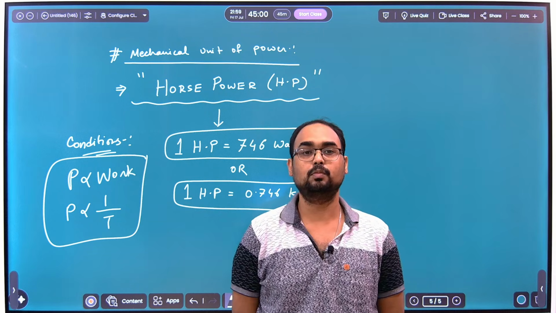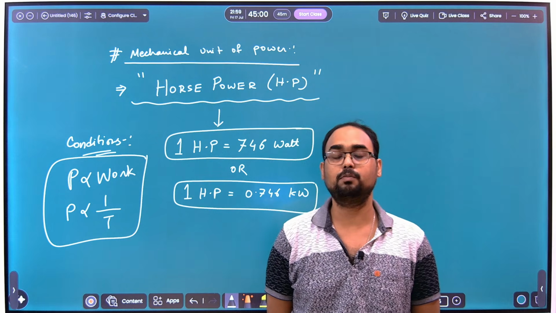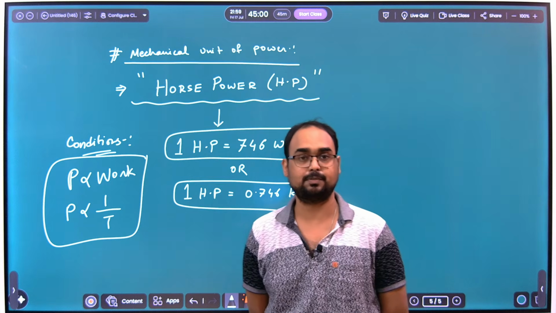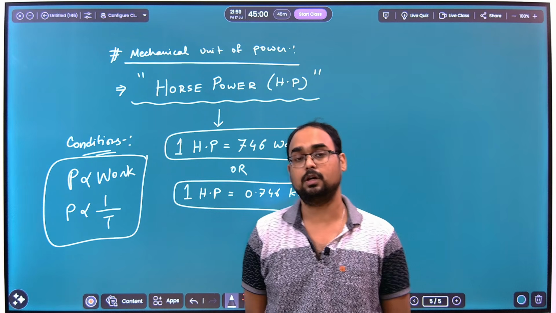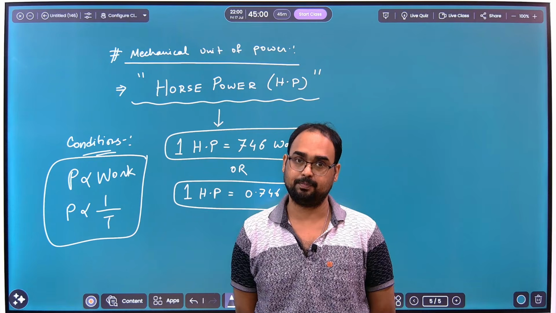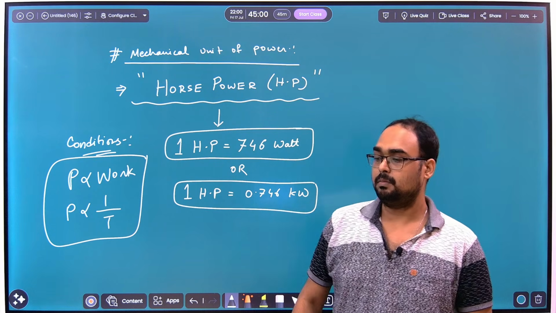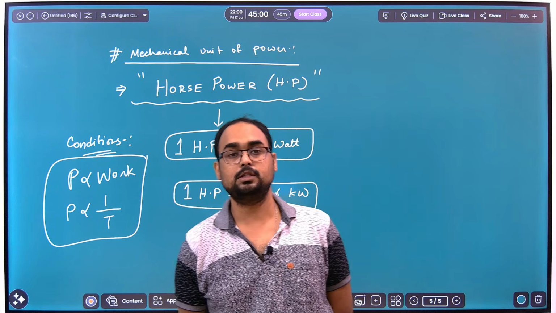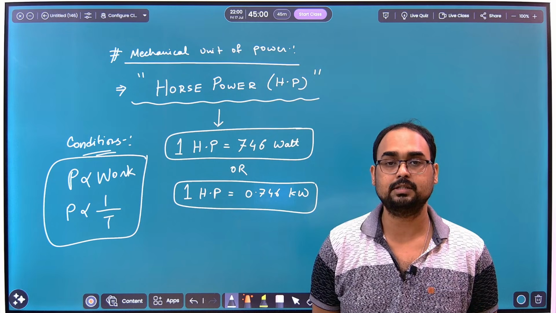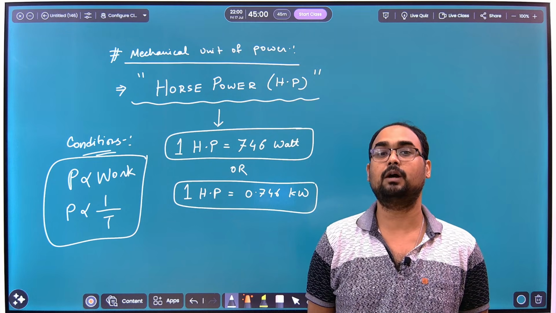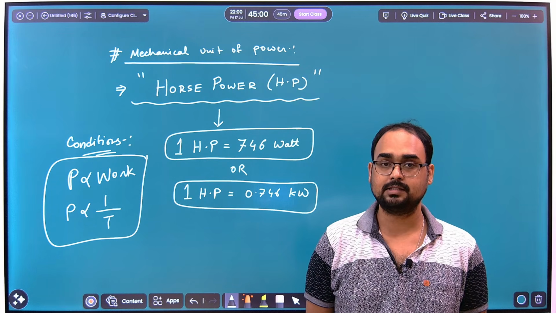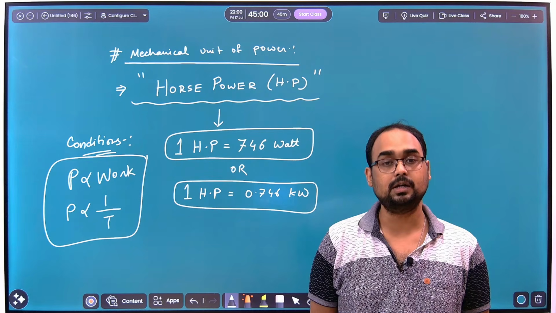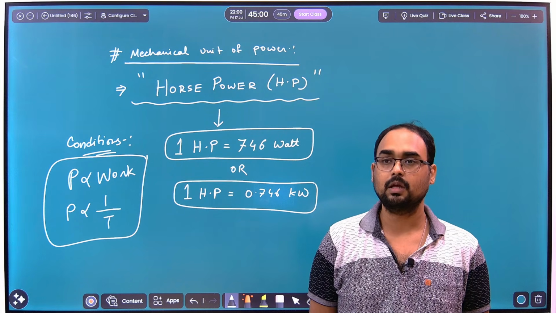So, more the work, more power is required. Less work, less power is required. More the time, less power is required. Less the time, more power is required. The power's formula is work done by time, or you can say it's force into velocity. The unit of power is watt in the SI system, and in the CGS system it's erg per second.